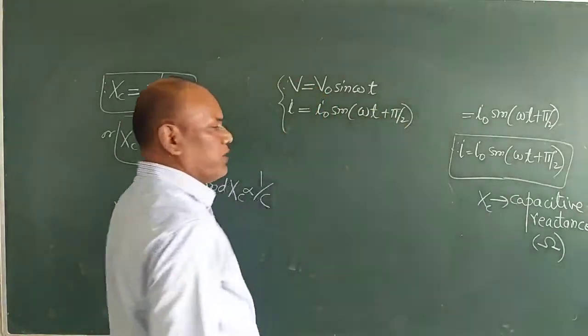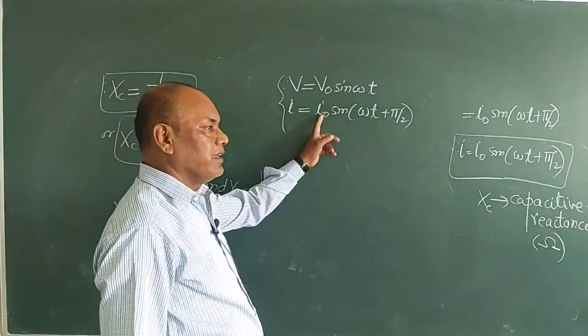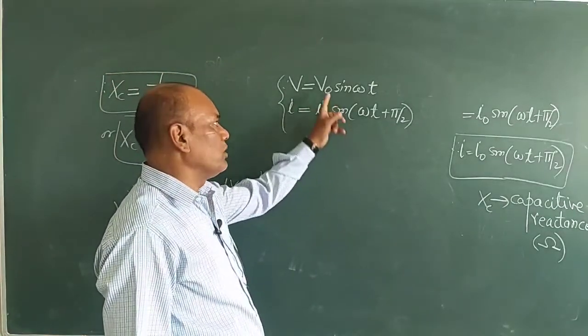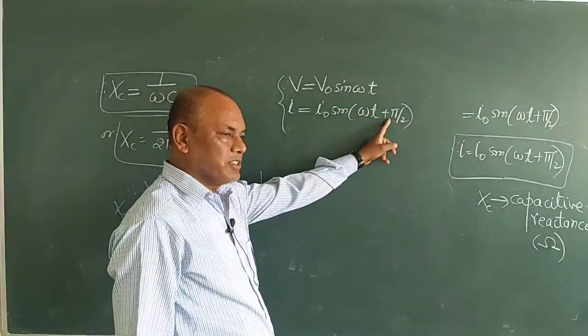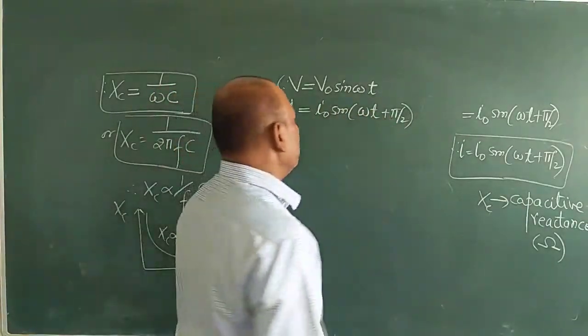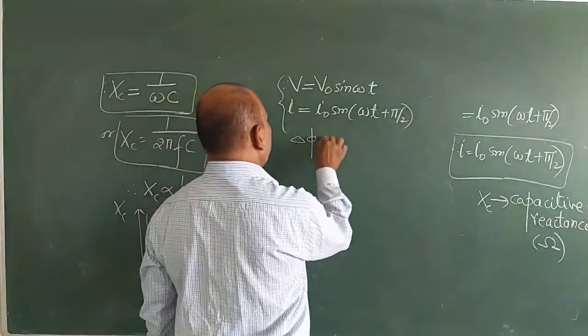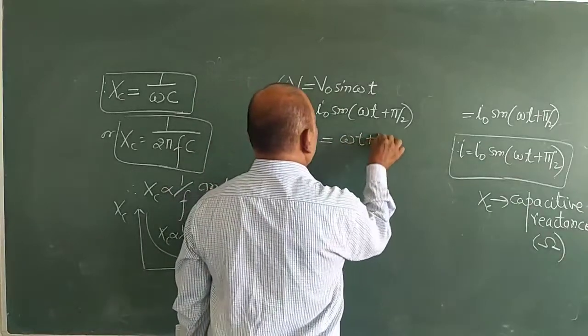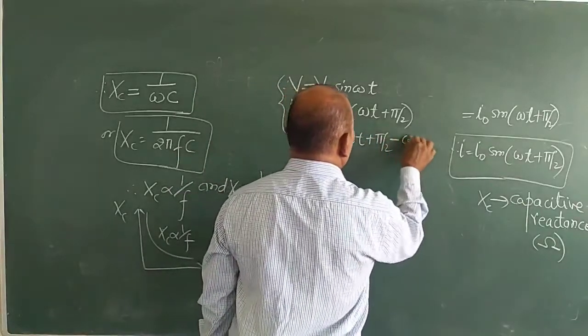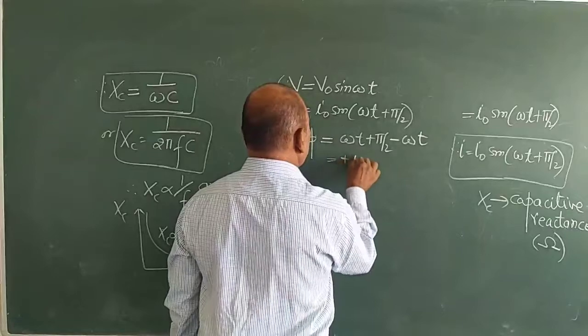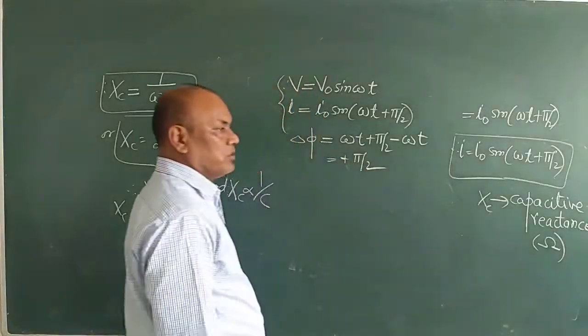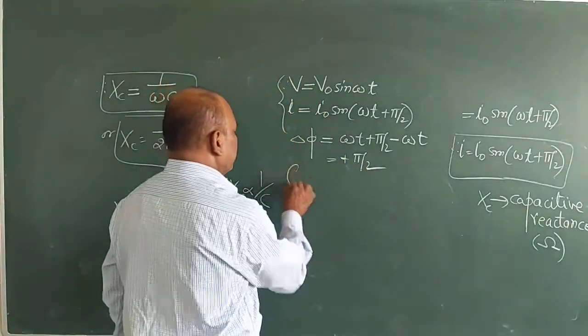From these two equations, we can say that current is leading the voltage because the phase difference is plus pi by 2. Here delta phi is equal to omega t plus pi by 2 minus omega t, that is plus pi by 2.